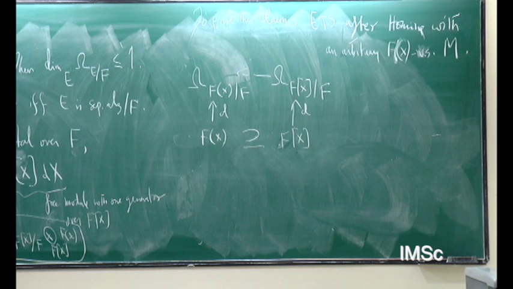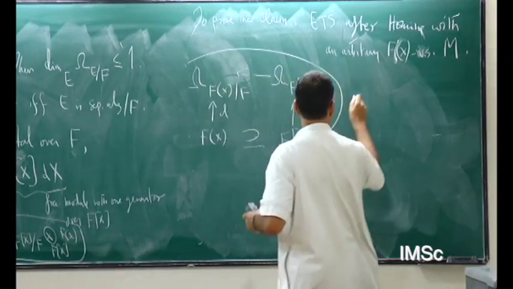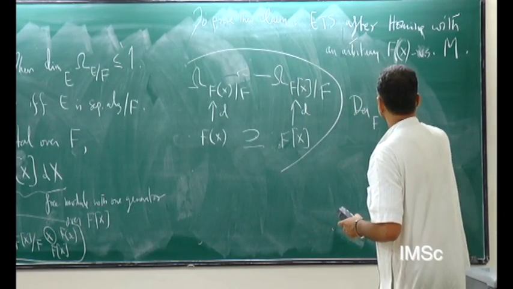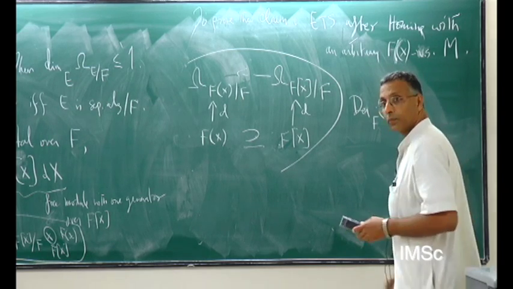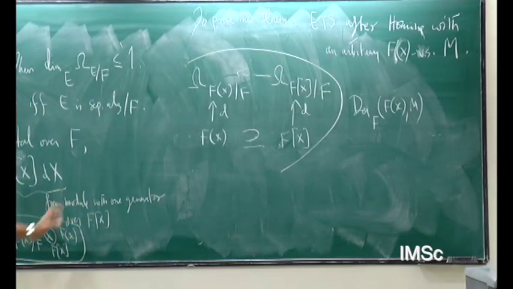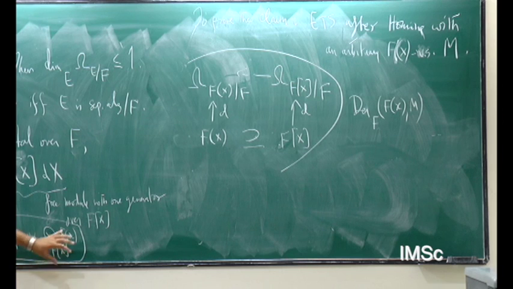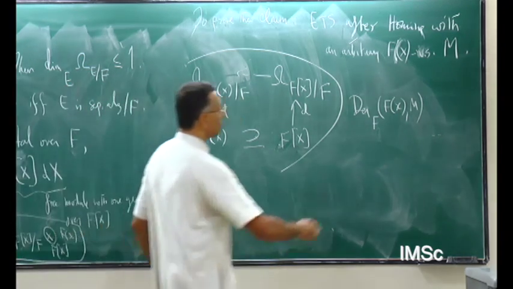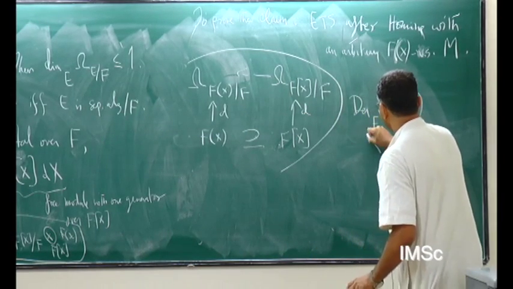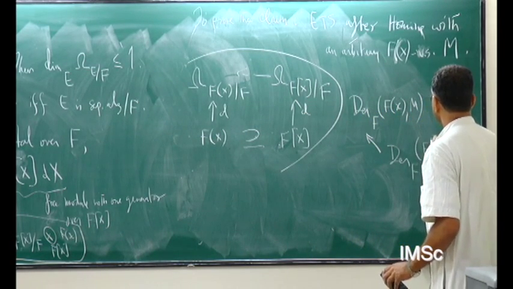That is derivations from F(x) to M. Now Hom over F(x) of this is the same as, you can remove this and write Hom over F[x] of this to M, which then is just derivations of F[x] to M, so there is the natural map here.